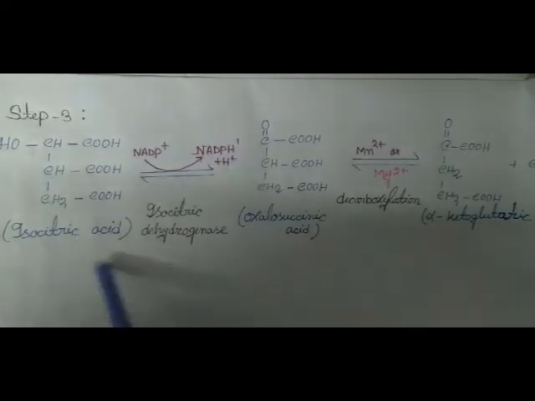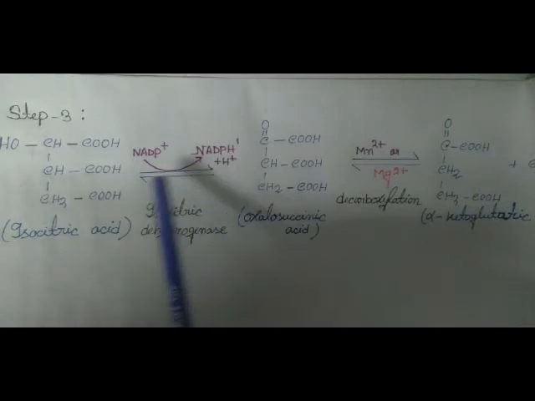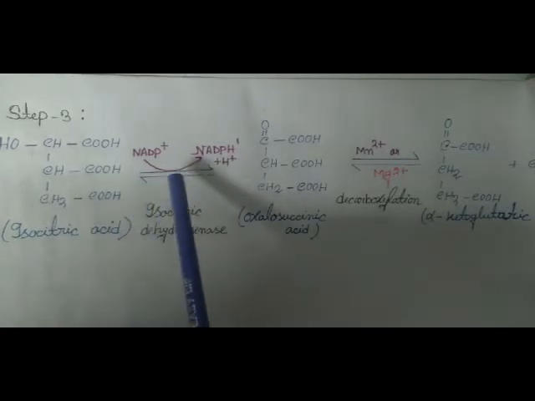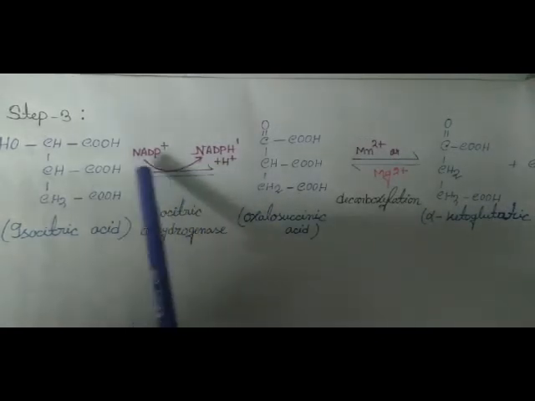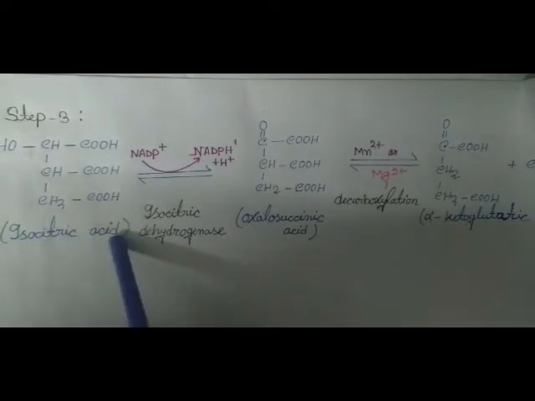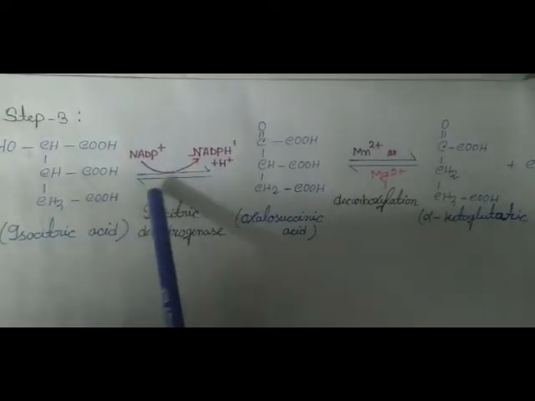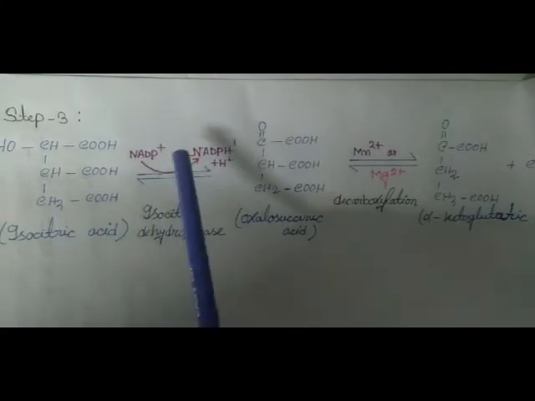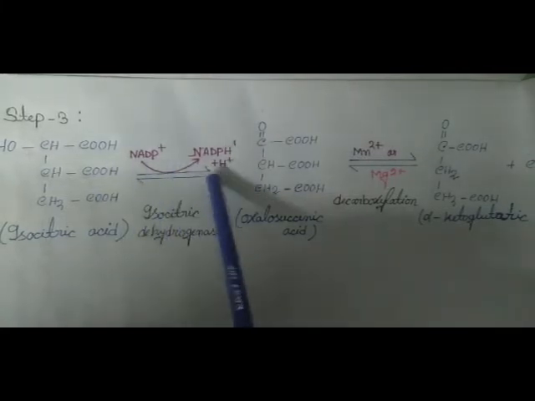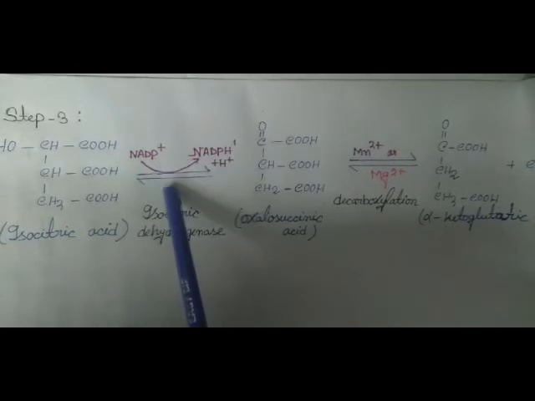It is the first oxidation step in the Krebs cycle, where 2 electrons and 2 hydrogen ions are removed from this substrate, isocitric acid, and this is ultimately taken up by coenzyme NADP+ or NAD+ and formed NADPH plus H+ or NADH plus H+.